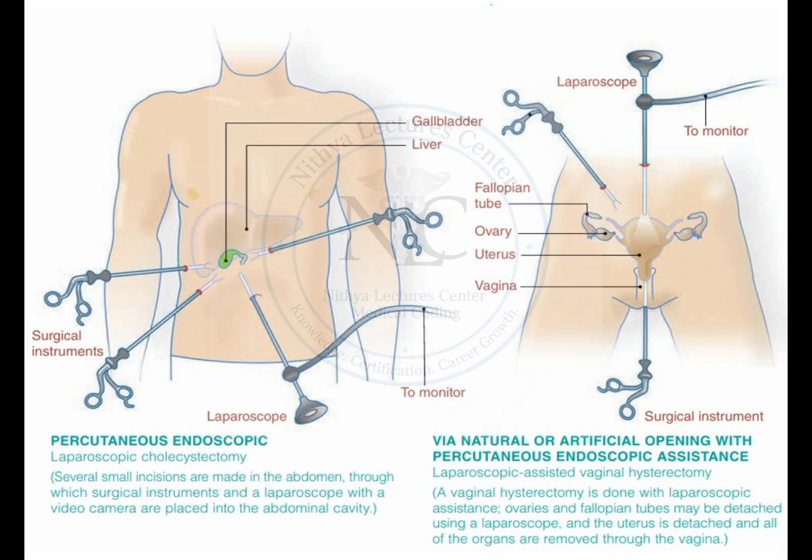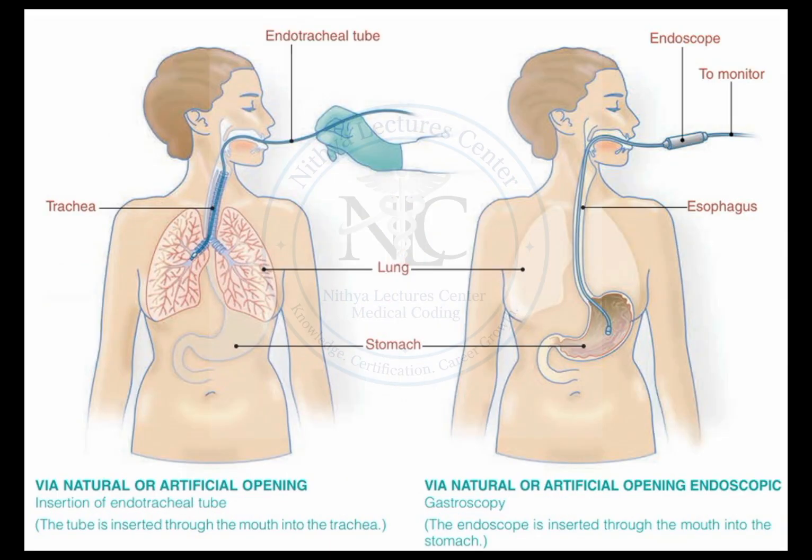And coming to the fifth one, which is via natural or artificial opening. The surgeon goes through an existing hole in the body, like the mouth, nose, or ears, to reach the site. So through our natural body opening, the surgeon will reach the procedure site.